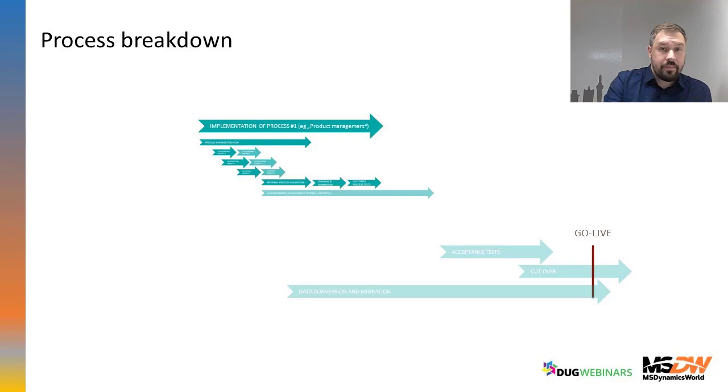What does it mean? It means that at the beginning, I focus on process number one, and I should make a detailed schedule for this one part, which usually looks like this in the picture. This means that for the whole time there is process parameterization.